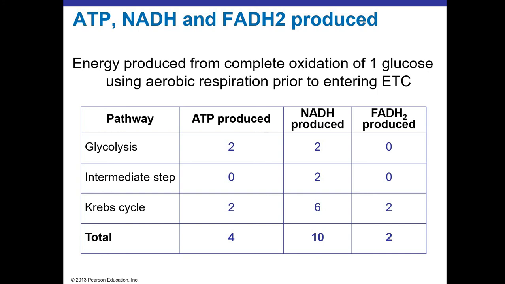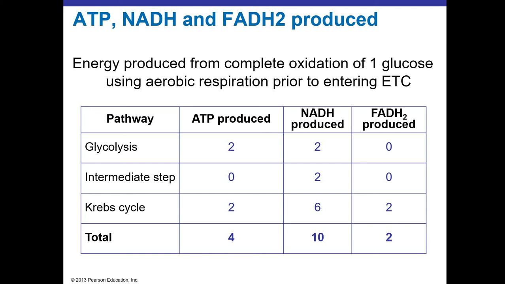So if we look at our bookkeeping, this table represents how much ATP, NADH, and FADH2 we've produced. So we've produced a total of 4 ATP by direct substrate level phosphorylation, 2 in glycolysis and 2 in the Krebs cycle as we went from succinyl-CoA to succinic acid.